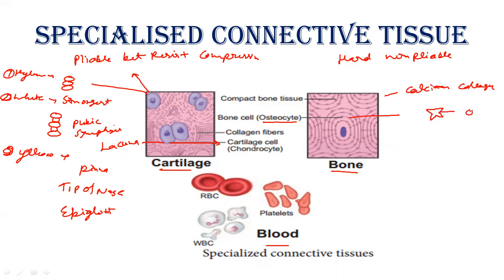This is the osteocyte and this is the lacuna. And you can see in this diagram, these star-shaped structures are the bone cells in cavities called lacunae, and they are arranged in a circular manner.